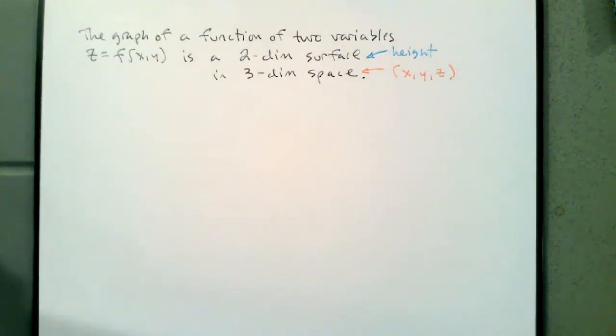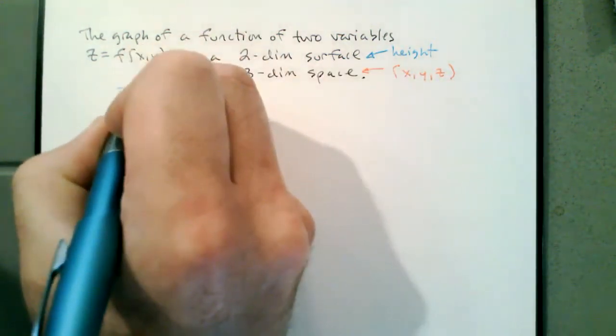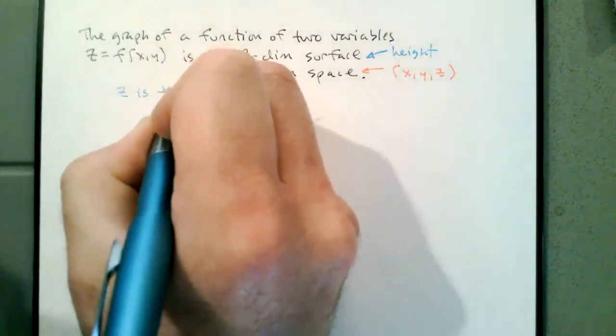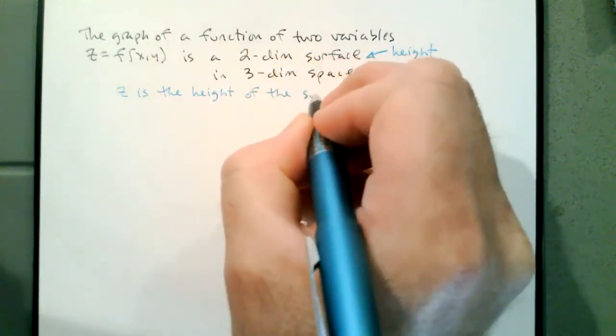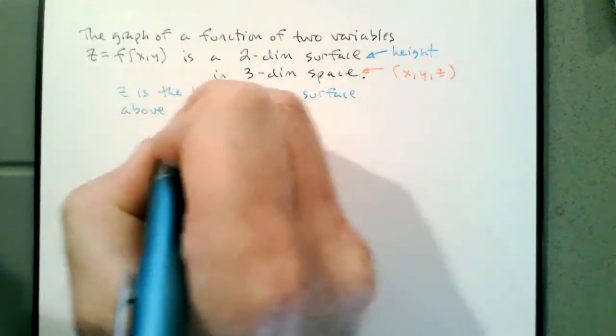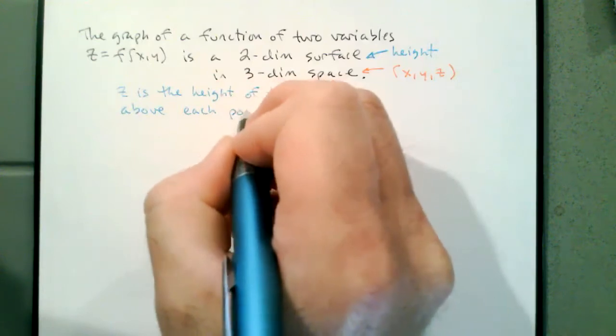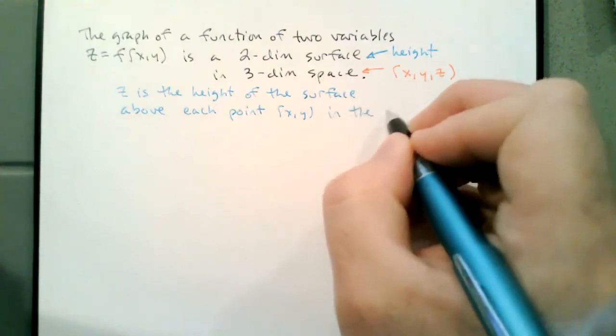That's why we're getting a two-dimensional surface, because at each point x, y in the xy plane, we're getting one point. So z is the height of the surface above each point x, y in the xy plane.